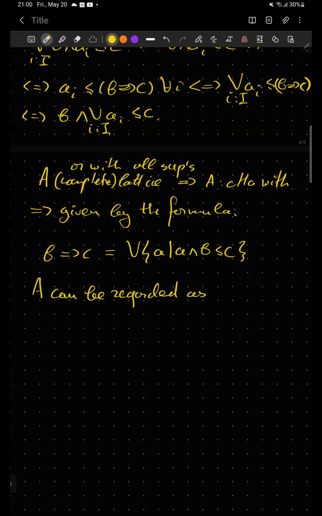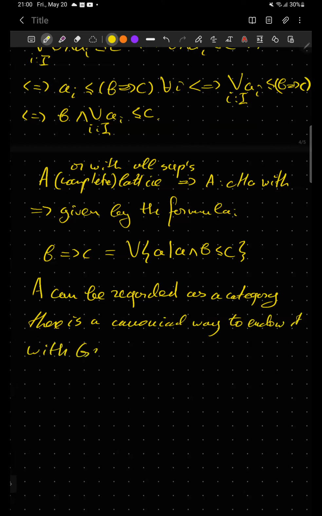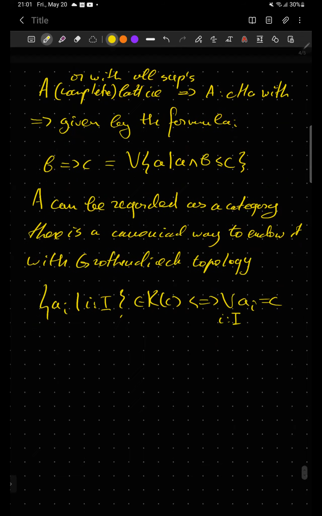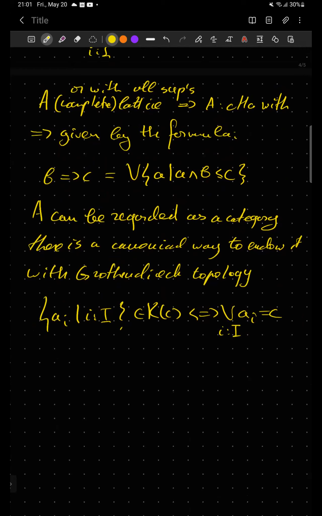So the category. So this topology is reminiscent of the open cover topology on a topological space, and for a good reason, because the very basic example of complete Heyting algebra is just the lattice of all open subsets of a topological space.